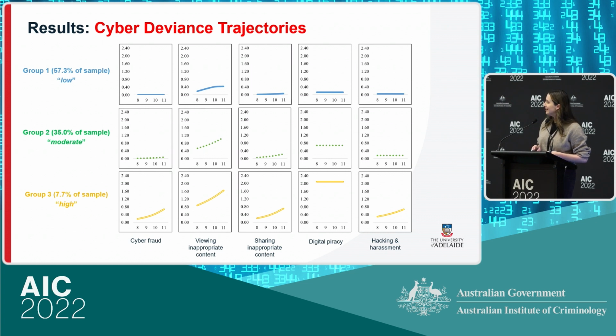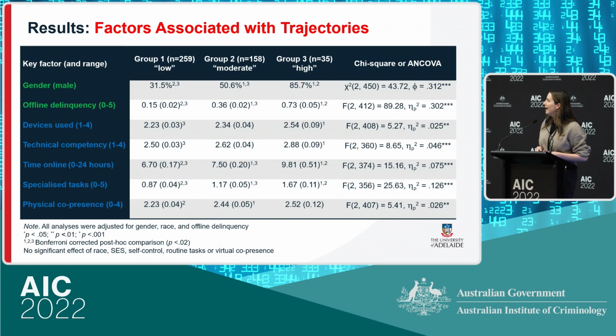So what we've then done is look at what differentiates these groups. This is very overwhelming, and I'll speak to it a little bit more. But pretty much what we did is we looked at how those groups differed on those drift variables, so individual characteristics and technosocial opportunities. We found significant differences between those groups on these different factors.